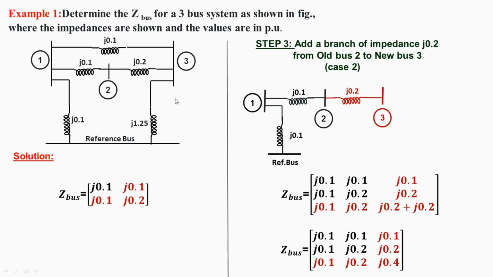Now let's go to step number 4. Here in step number 4, we add another branch, j1.25, between bus number 3 and the reference bus. Bus number 3 is the old bus in step number 4, because it exists from step number 3, and the reference bus was already there in the previous steps.